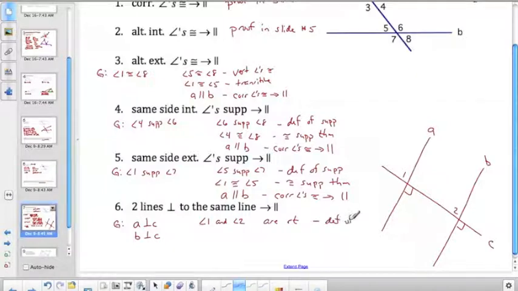That's by the definition of perpendicular. Therefore, angle 1 is congruent to angle 2, because all right angles are congruent. And since angle 1 and angle 2 are corresponding, A has to be parallel to B, because corresponding angles congruent leads to parallel.